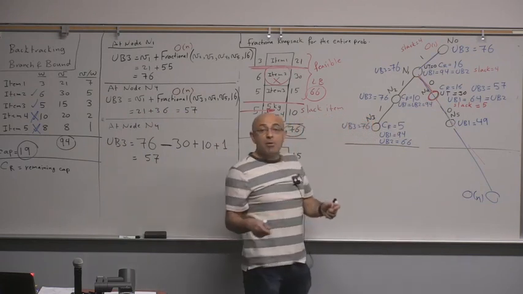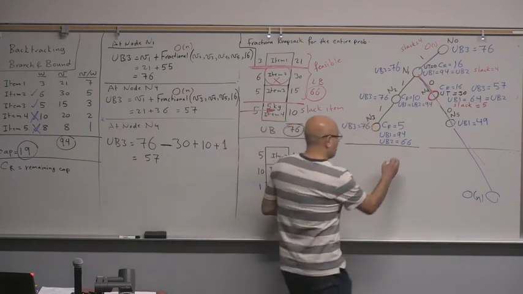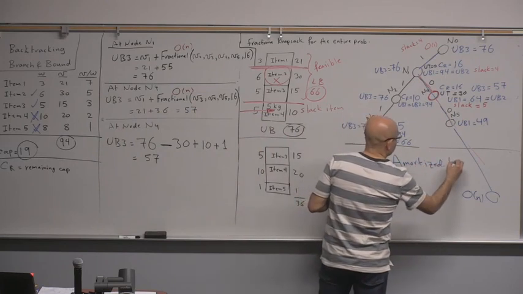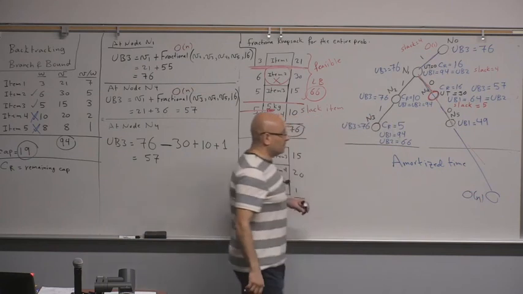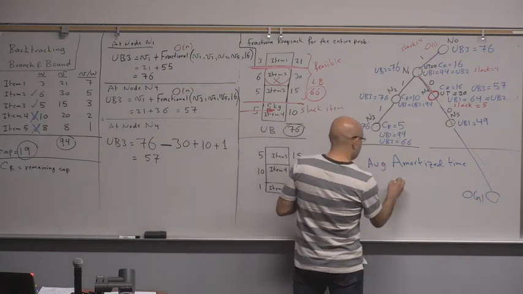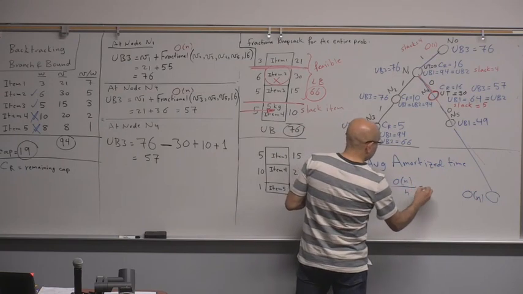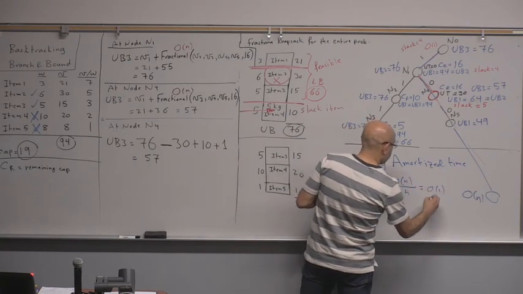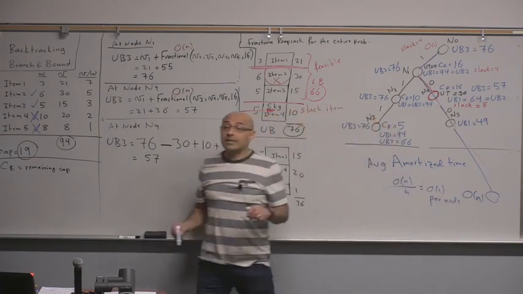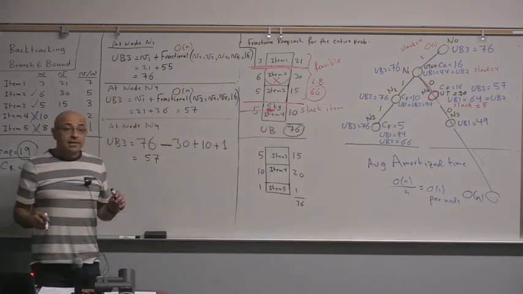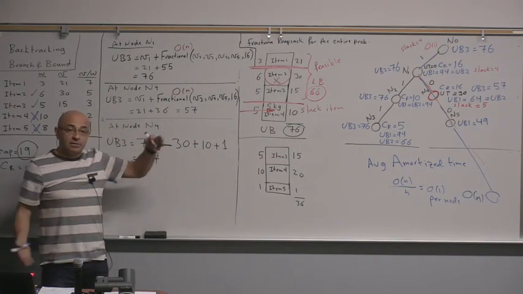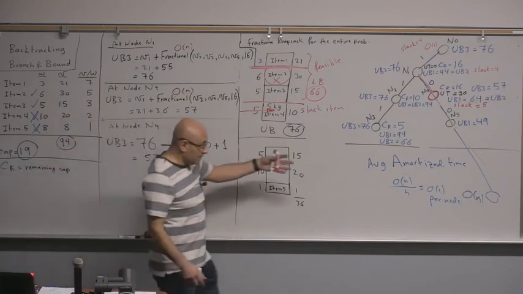So the average amortized time is O of n divided by n, which is O of 1 per node. So it's not O of 1 worst case at each node. It's O of 1 amortized time on average. If you calculate n operations, it's going to be O of n.